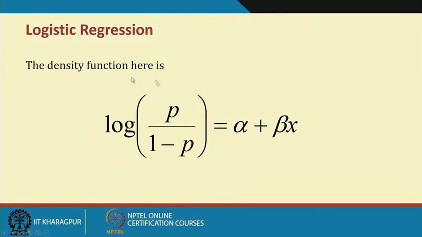Now, starting with the logistic function, this is how the estimation works. If you find the odds ratio, and you start with p values, the requirement is that they should be within 0 to 1.